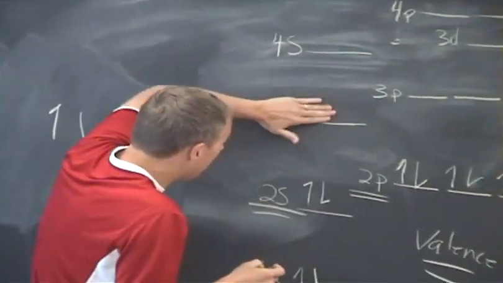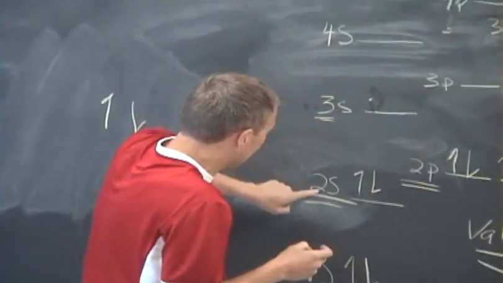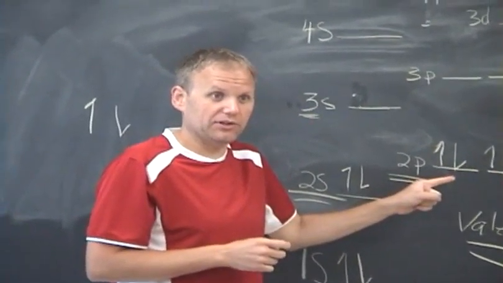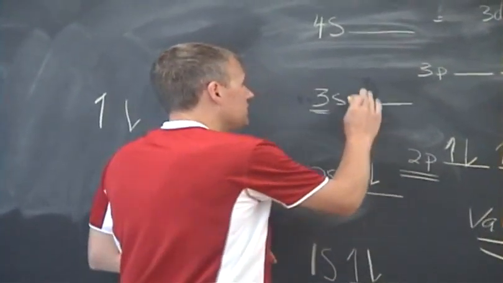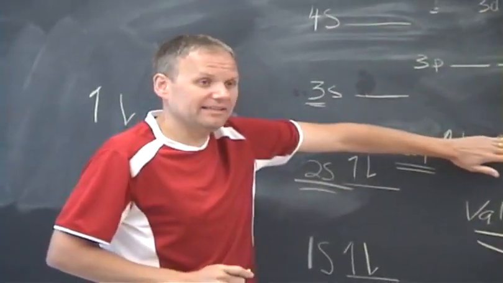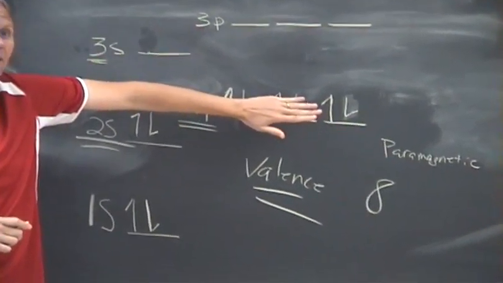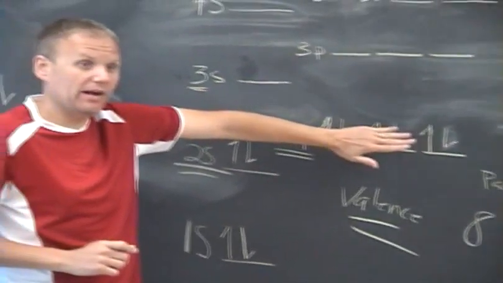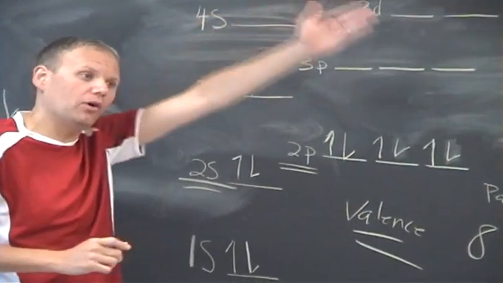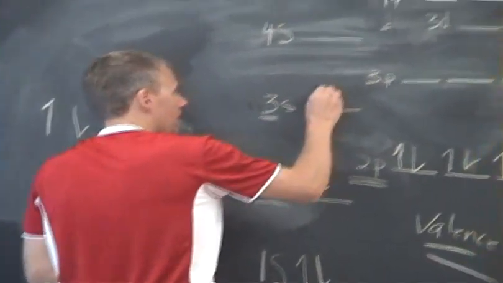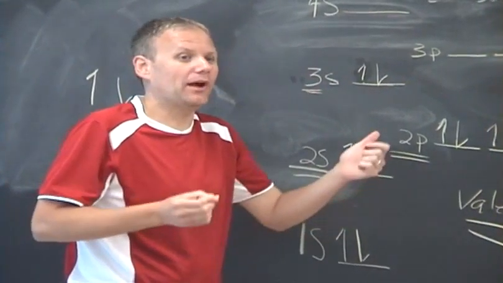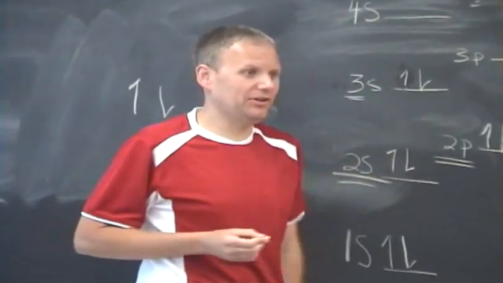Or it can give away this one, making this the outermost energy level, and it's filled. What's easier to do? Lose 1. So sodium, when it forms an ion, gives that 1 away, and it has this as its outermost energy level, and it has a filled s and p subshell, or a noble gas configuration, we say, and it's happy. So sodium and all those tend to be +1. All right, magnesium, what do you think it wants to do? Lose 2. Therefore, it's going to be +2.